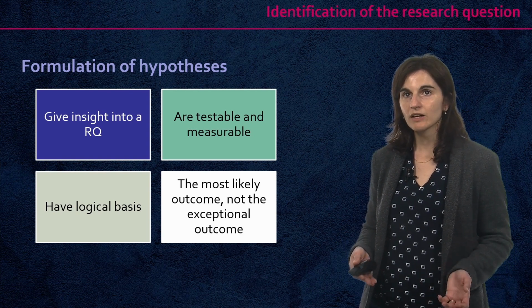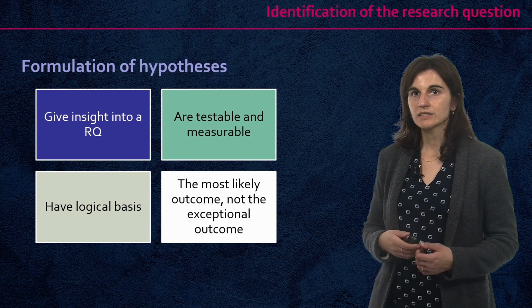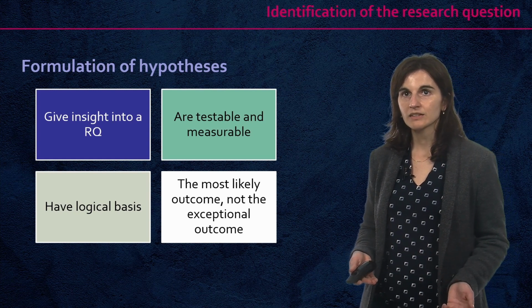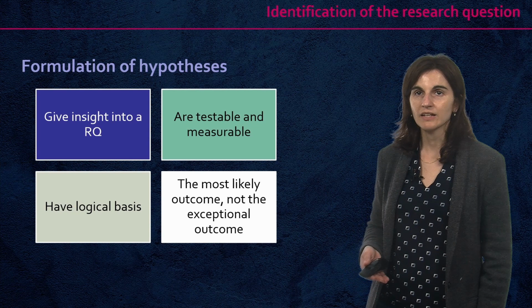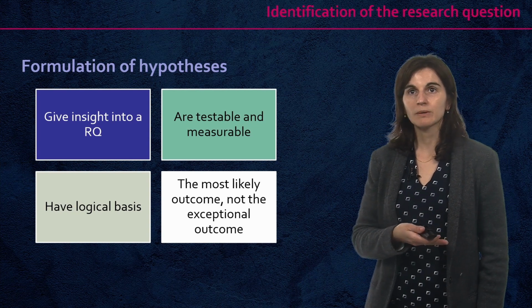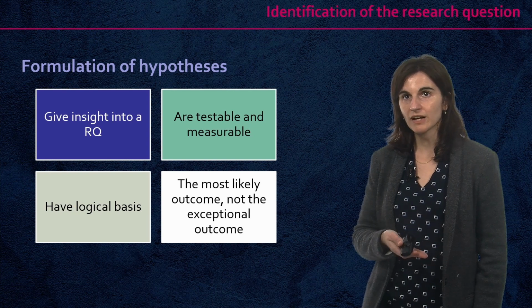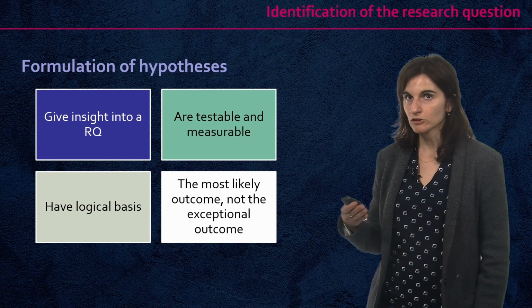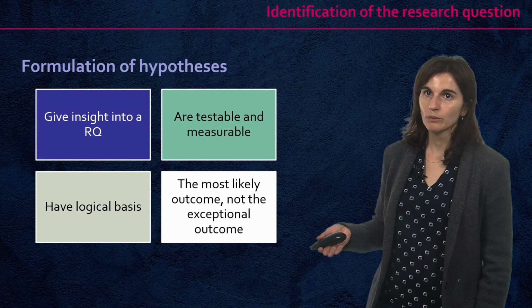Usually, a hypothesis is based on the idea that until we find any evidence, what has been previously suggested by the literature and the state of the art is the most likely result that we will find in our dataset.